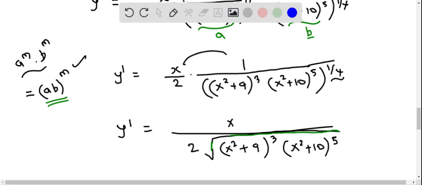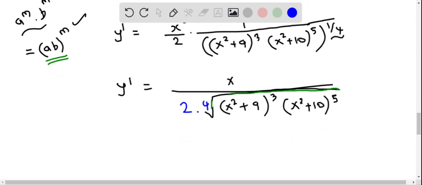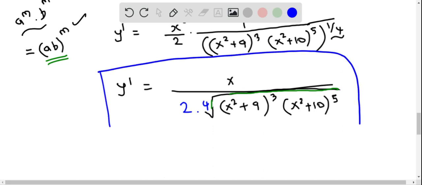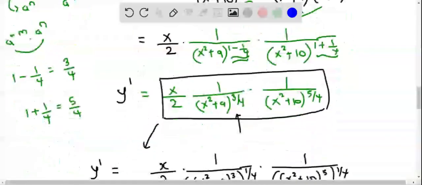So this is the answer, and this is the derivative of y in a different form. You can also consider this as a different form of the same answer which I have already given, this one or this one.